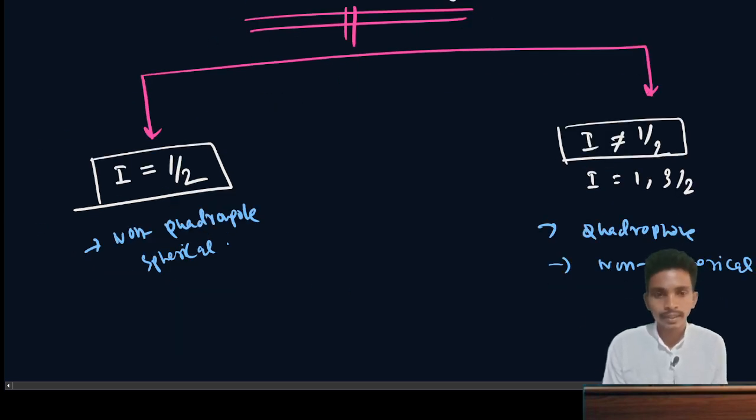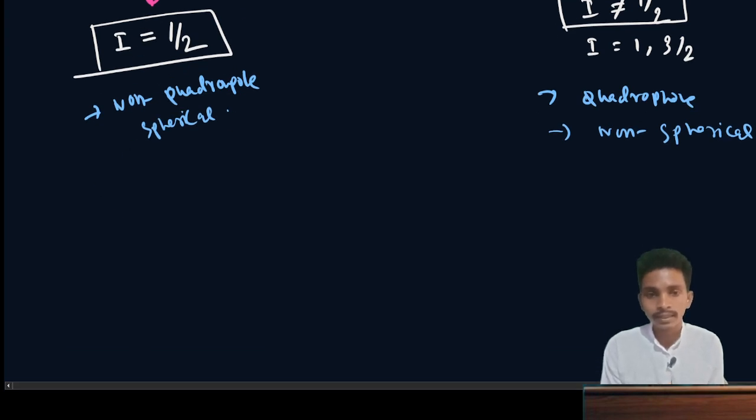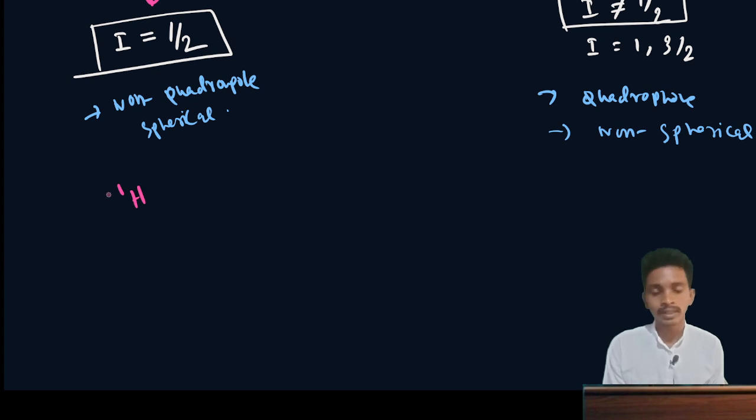So what we see here is where I is equal to half. If you calculate I of 1H, we get I equal to half. Like carbon 13, here also I is equal to half.